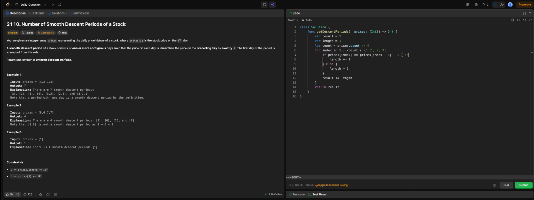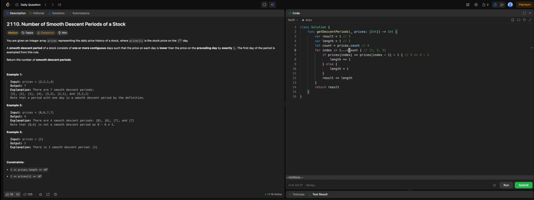Initially we are comparing the price at index 1, which is 2, with the price at index minus 1, which is 3 minus 1. So it's exactly the same. We're going to increment the length by 1, so the length becomes 2. So result plus equal to length will make the result 3.